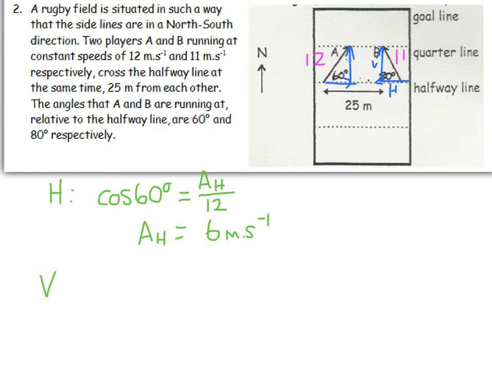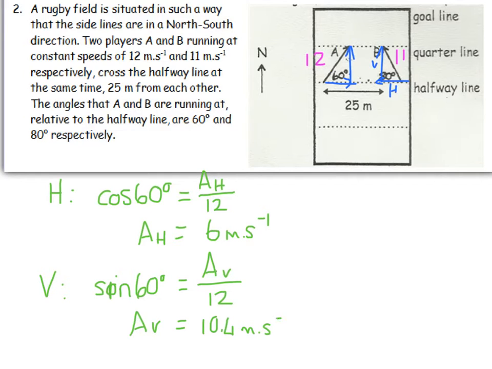The vertical is going to be using the opposite side, so sine of 60 degrees is equal to a vertical over 12, and a vertical turns out to be 10,4 meters per second.